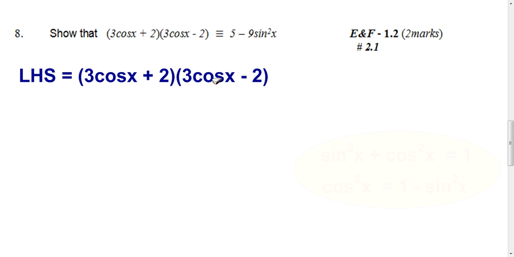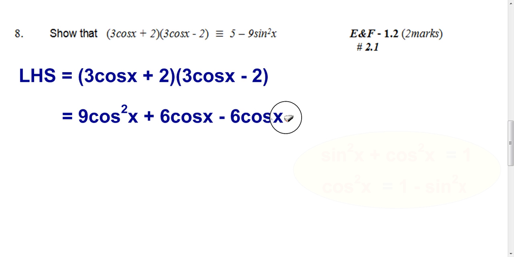So the first thing you want to do here is multiply the brackets. So 3 cos x times 3 cos x is 9 cos x squared, or 9 cos squared x. And then multiply by the minus 2 and multiply by the plus 2. So 2 times 3 is 6, and then you're going to get a minus 6 cos x.